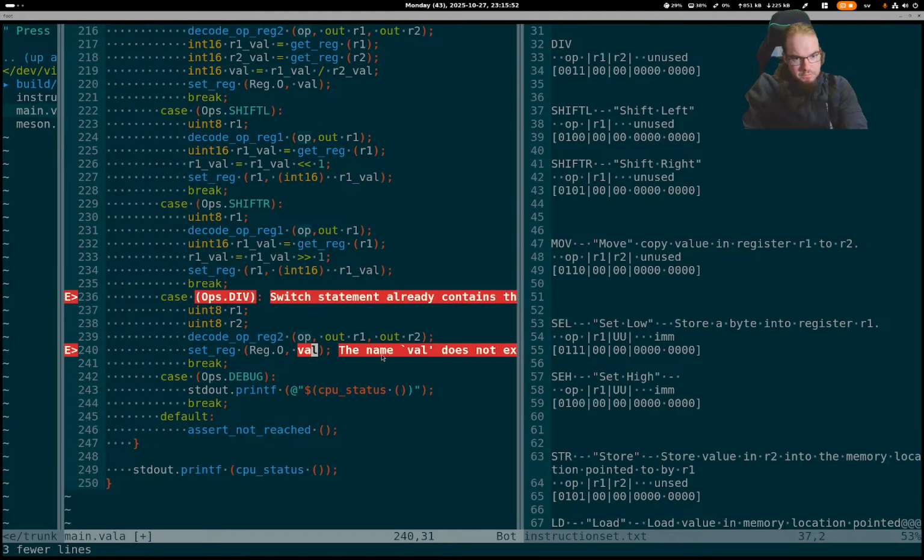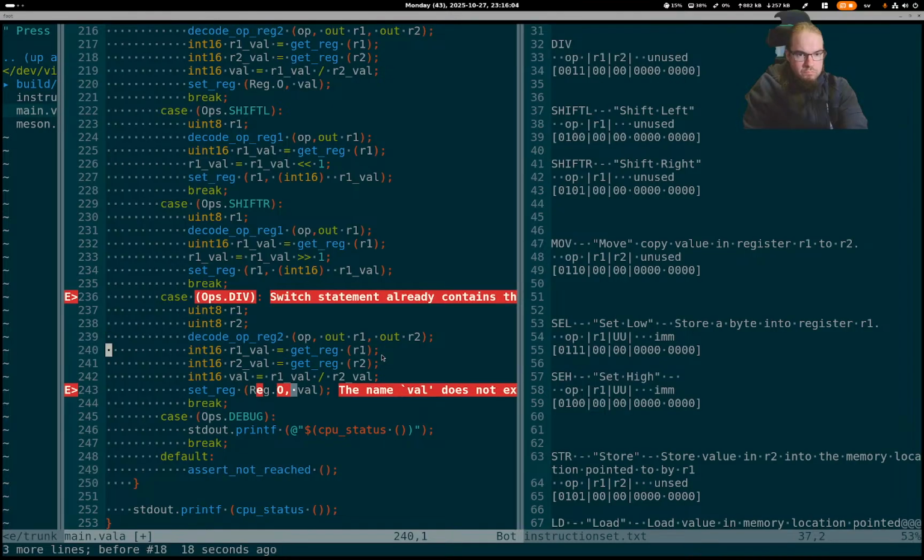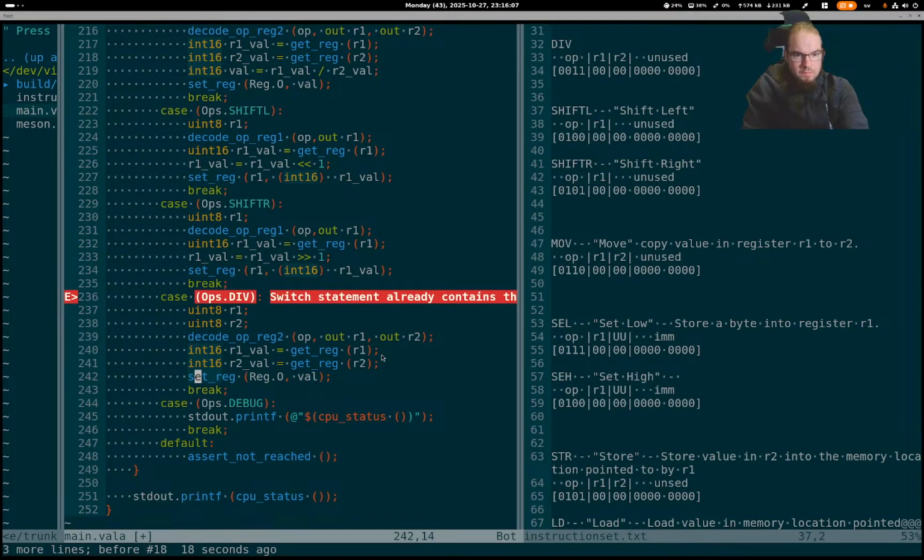We need registers and we need to set, oops, undo. Set R2 to R1. Is that gonna be correct? I feel that that is wrong. Oh well.